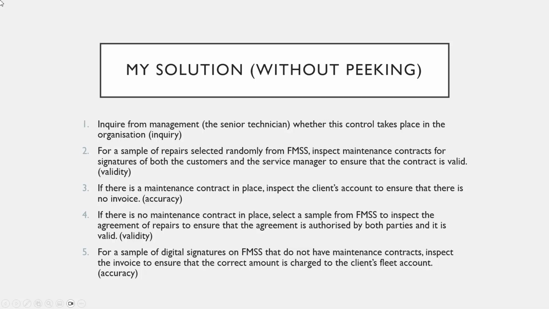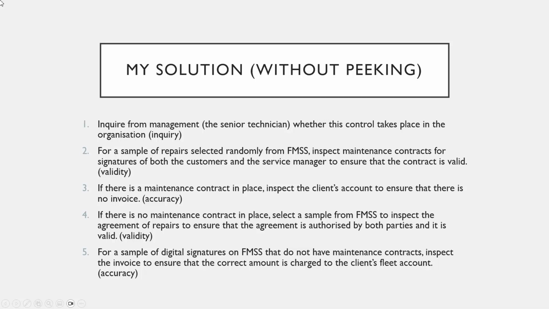As you can see, I didn't put a control objective next to it because on its own it does not stand. Then, for a sample of repairs selected randomly from FMSS, inspect maintenance contracts for signatures of both the customers and the service managers to ensure that the contract is valid. So these are the ones that have maintenance contracts in place.